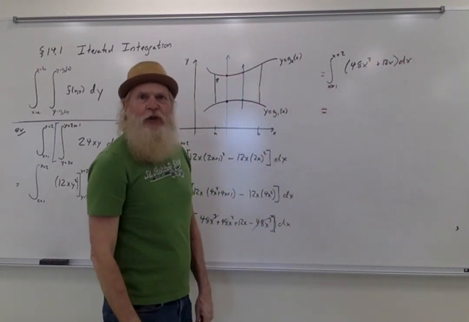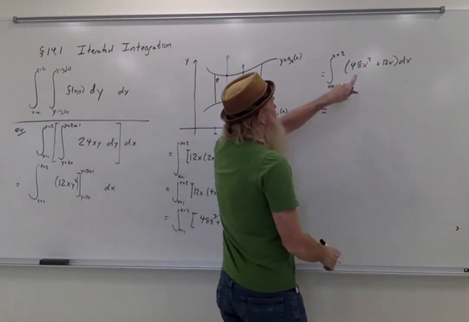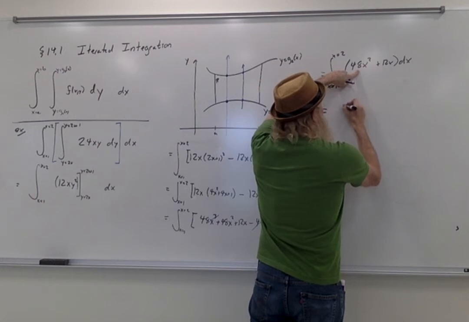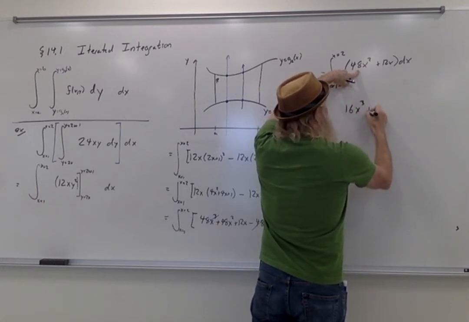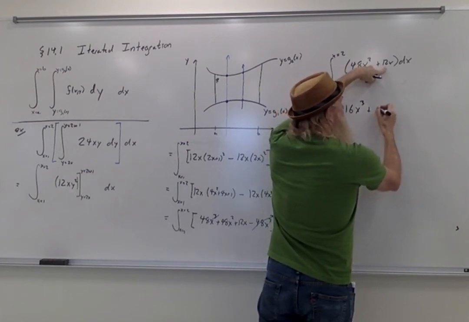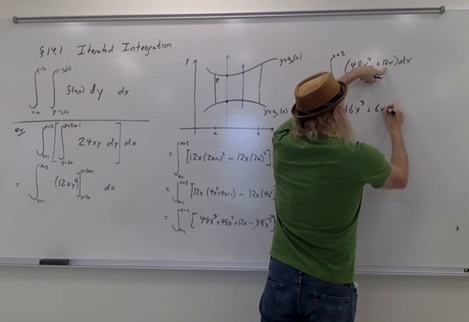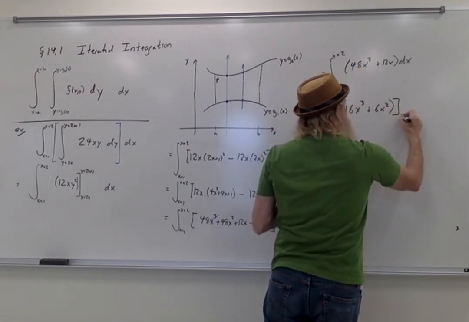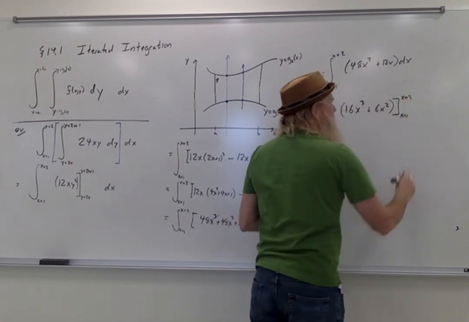And now we carry out that integral with respect to x. The integral of 48x squared is going to be 48 over 3, or 16x cubed, plus the integral of 12x is 12x squared over 2, so 6x squared. And this goes from x equals 1 to x equals 2.